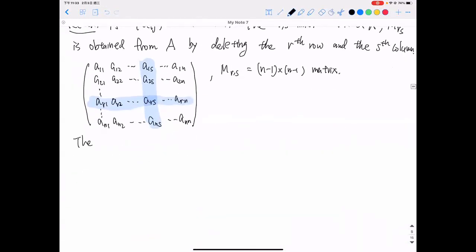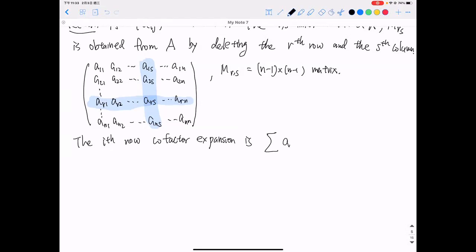So let's formalize this for A. Say the ith row cofactor expansion is the following.